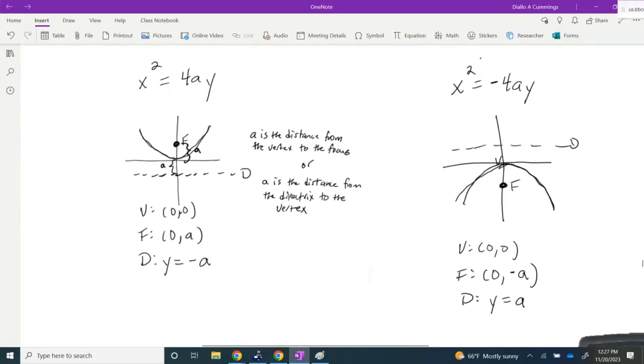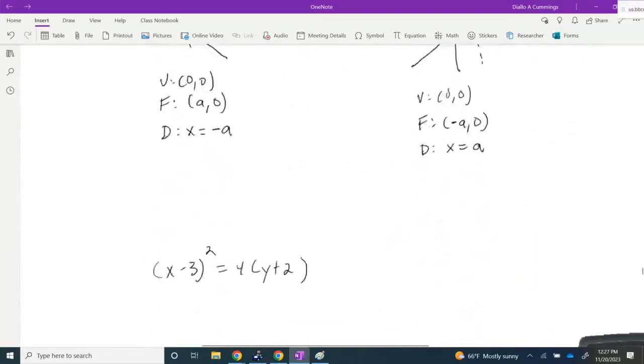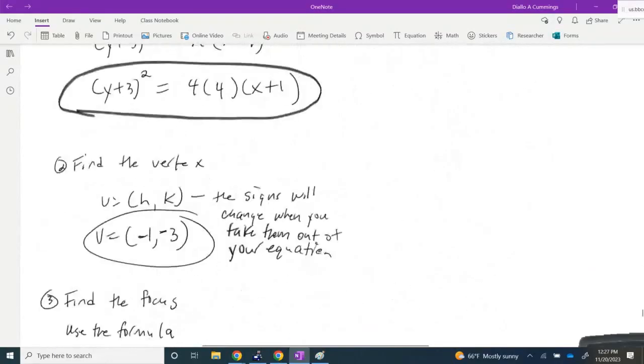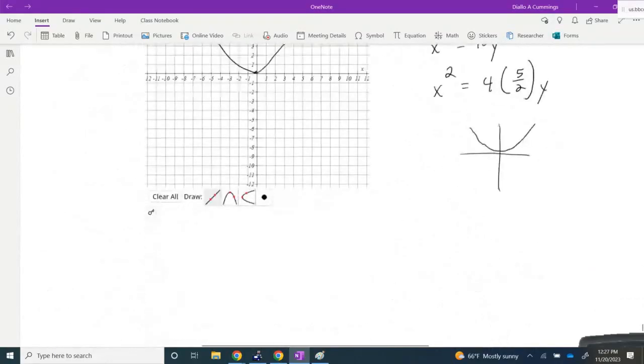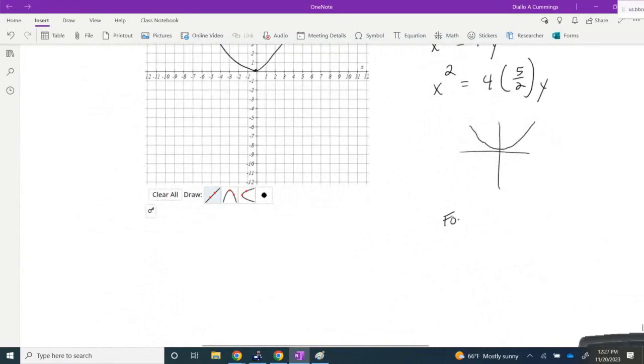So my focus should lie at (0, 5/2). The directrix is y is equal to -5/2.